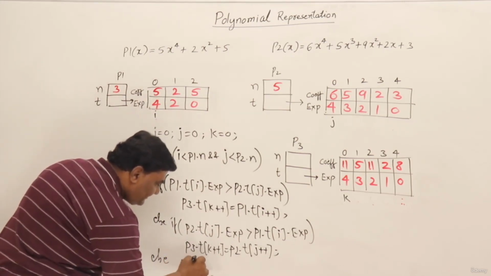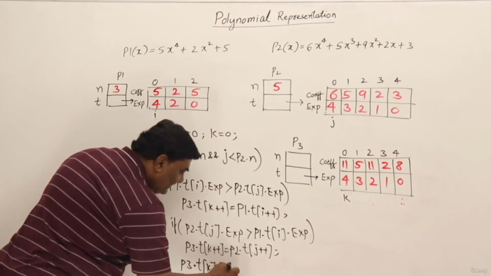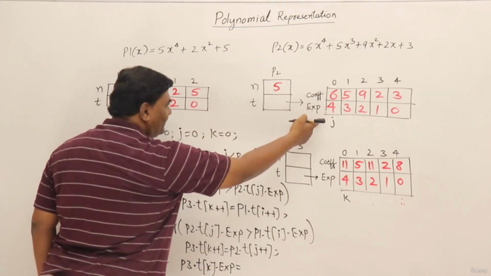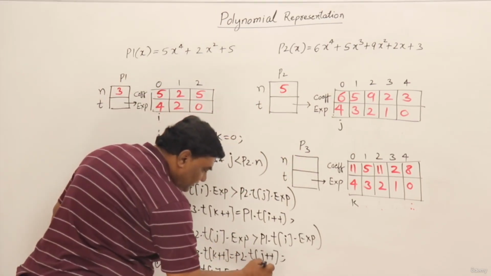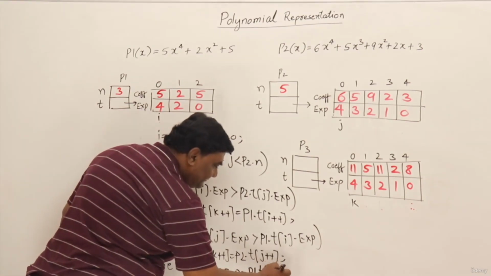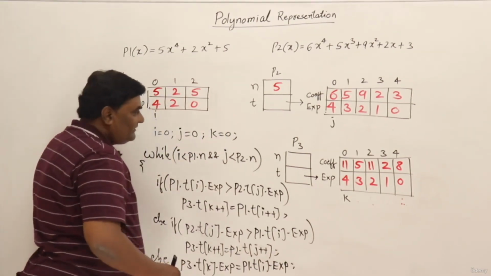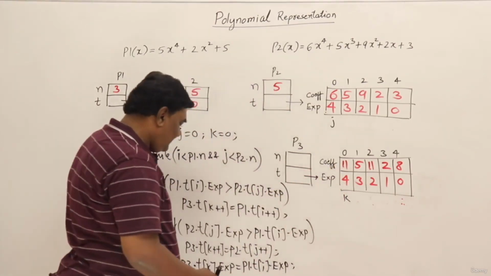So P3 dot t of k dot exponent, I can copy this exponent from here also or from here also, either P1 or P2. So I will write P1's, P1 dot t of i dot exponent. So this is one statement. So I will use lower bracket. So this is copied. Then coefficients I should add them.